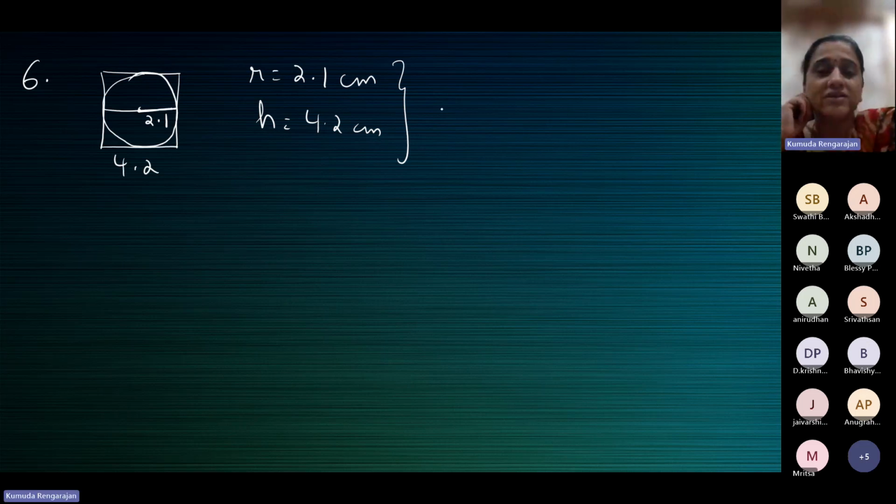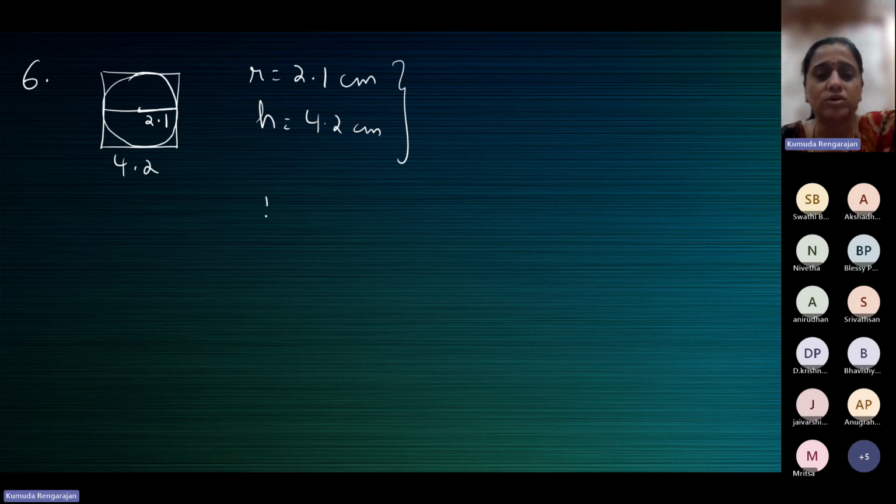Since we can draw a circle touching all four sides of a square, the maximum diameter is 4.2, the maximum radius is 2.1, and the maximum height is the height of the cube itself, 4.2.